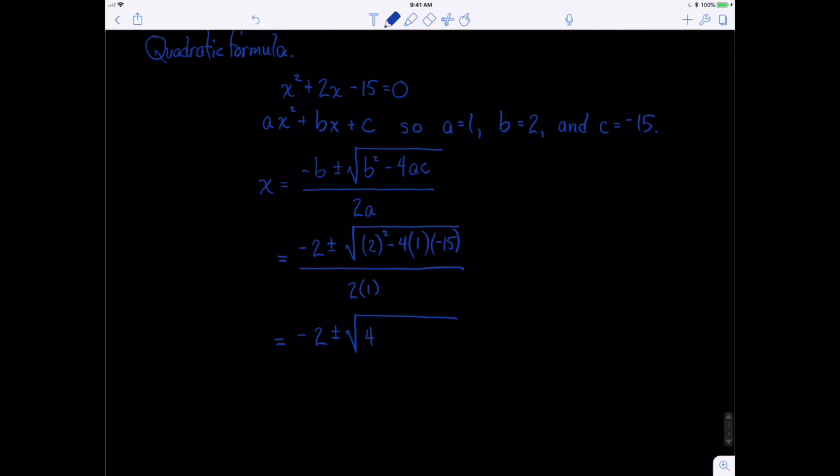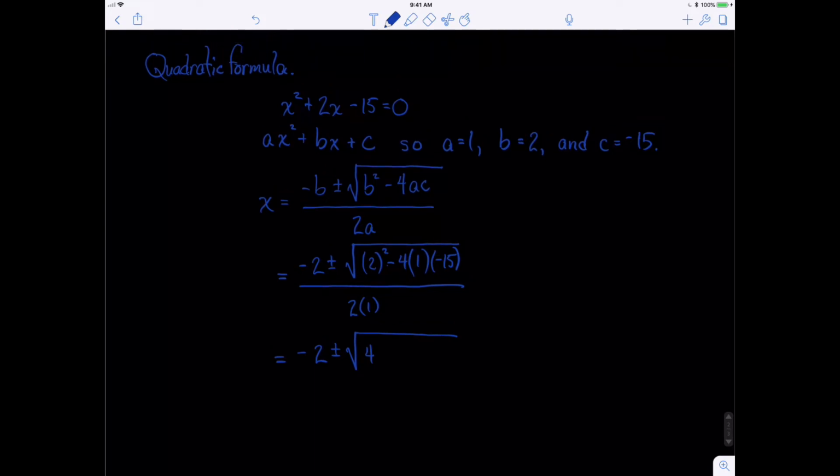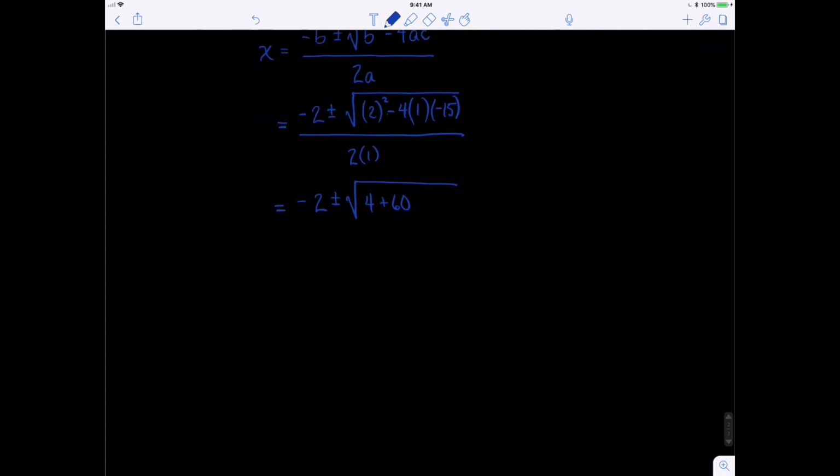Then negative 4 times 1 is negative 4, times negative 15 is positive 60, plus 60. We're going to divide all of that by 2. Notice that this becomes negative 2 plus or minus the square root of 64. Well, the square root of 64 we can evaluate. That is 8. Negative 2 plus or minus 8 over 2.